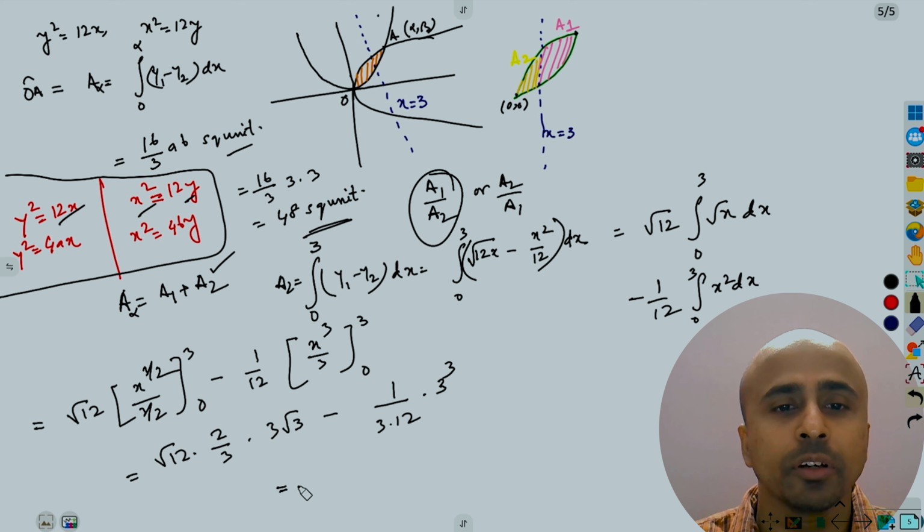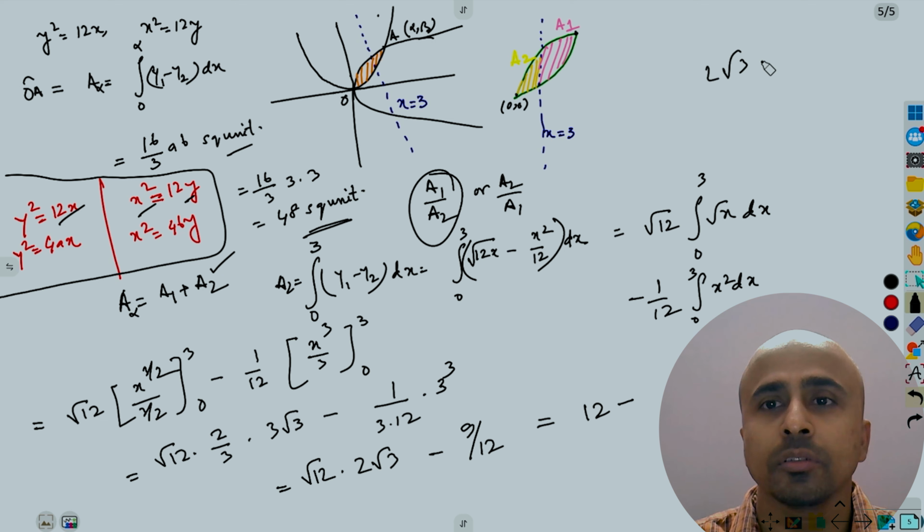Now if we simplify this, see, this 3 will get cancelled out, right? So it will be square root of 12 times 2 root 3 minus 9 by 12. Simplifying, 2 root 3 is square root of 12. So square root of 12 times square root of 12 is basically 12, and this is 3 by 4. This gives us, on simplifying, 12 minus 3 by 4, 45 by 4.